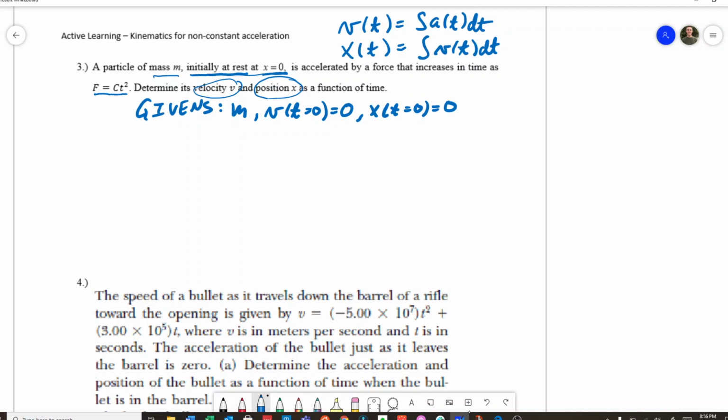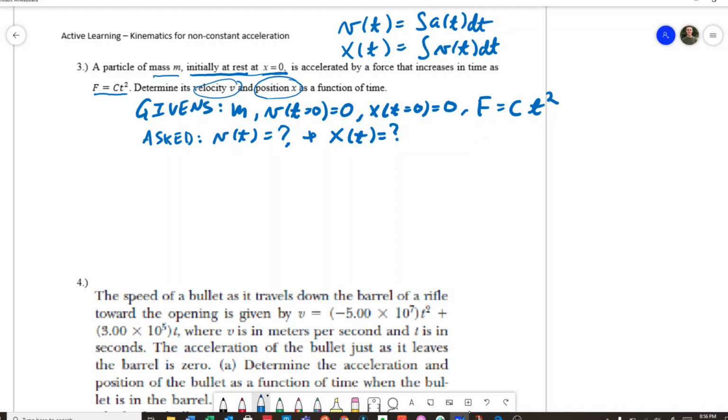And it's accelerated by a force that increases in time as F equals c times t squared. And I am asked for v of t and x of t.